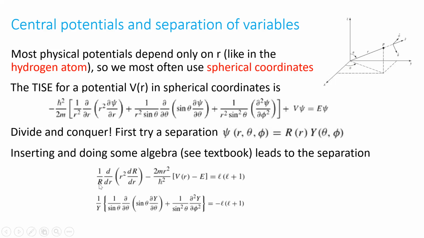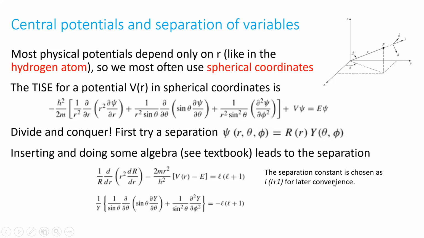We get this expression for the function capital R, with the radial variable r, equal to a separation constant, which is written as L times L plus 1. That seems a little funny, but it's written that way for later convenience.